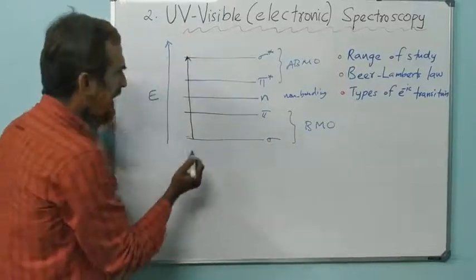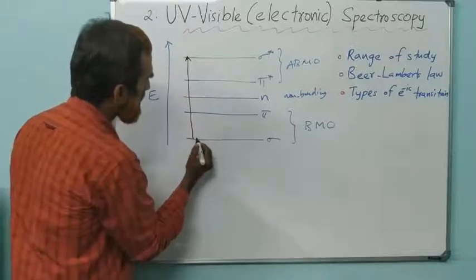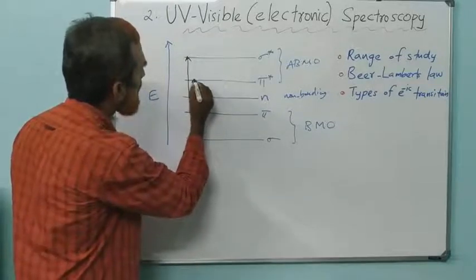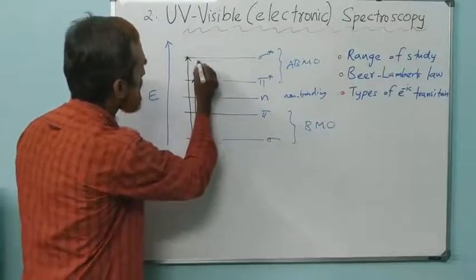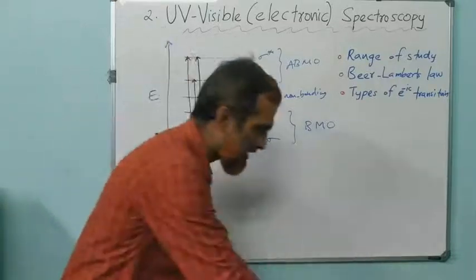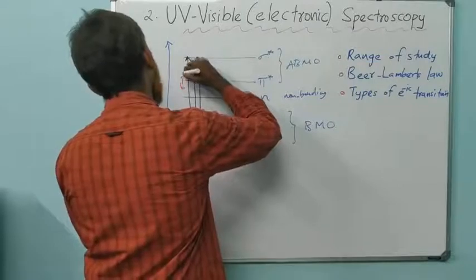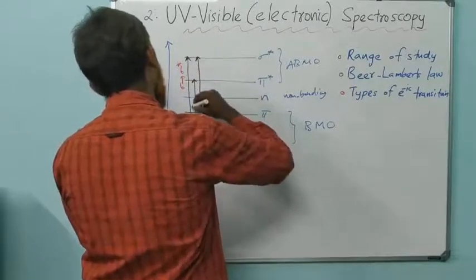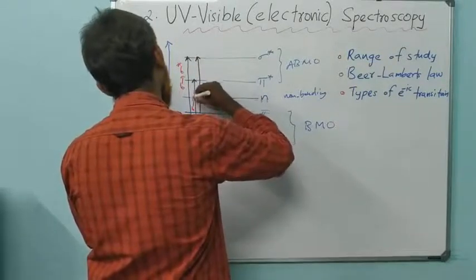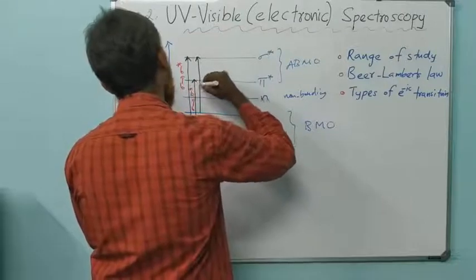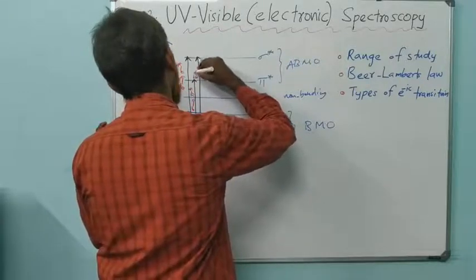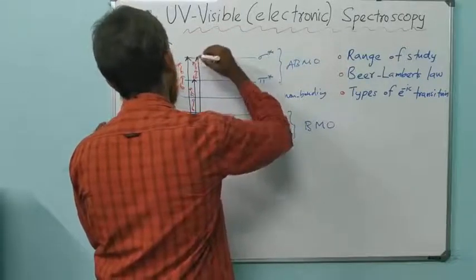Then comes sigma to pi star, pi to sigma star. These three transitions we can mark here. This is sigma to sigma star. This is sigma to pi star transition. This is pi to sigma star transition.